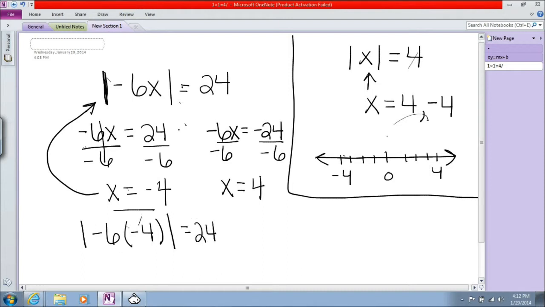What we want to see is if that makes the equation true. If it makes the equation true, then we know we have a correct answer. Inside the absolute value bars, we'll simplify: -6 times -4 gives us 24. And this part of the equation is true because the absolute value of 24 is 24. 24 is 24 spaces away from 0.